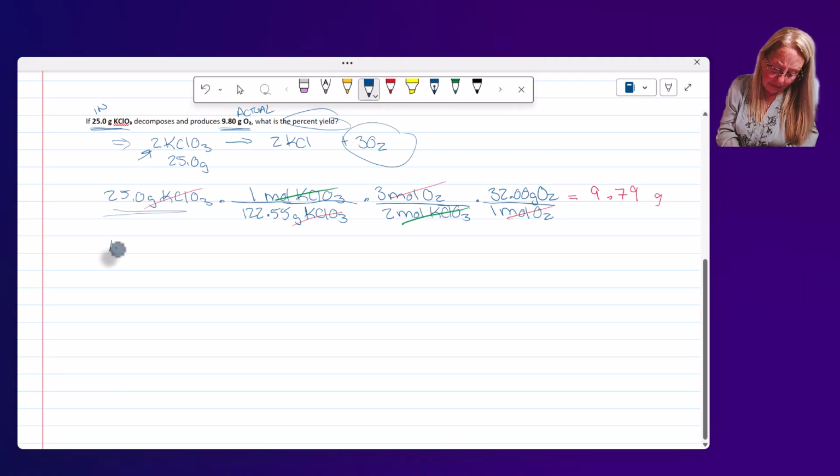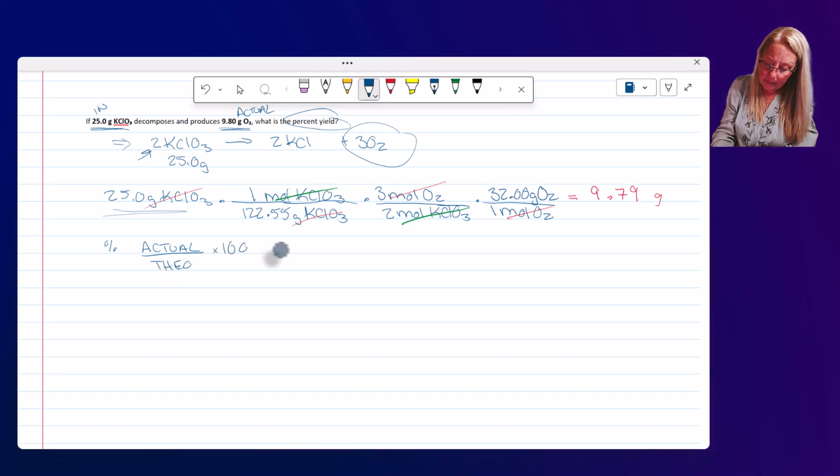So percent yield is actual divided by theoretical times 100. So that's going to give us an actual of 9.80 grams of oxygen divided by 9.79 grams of oxygen. Yeah, it is going to be a little bit more.